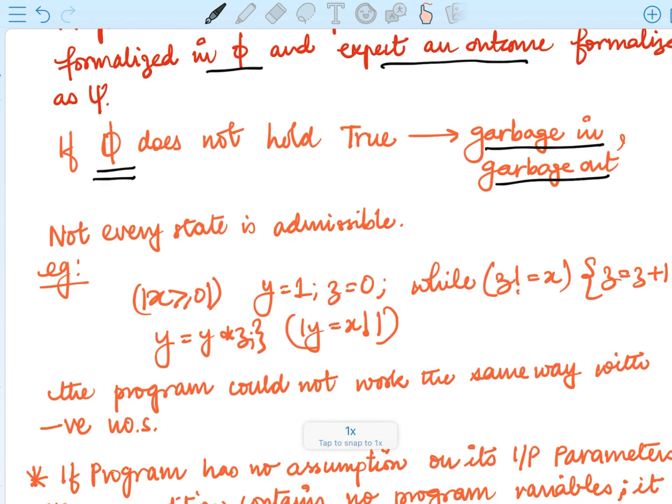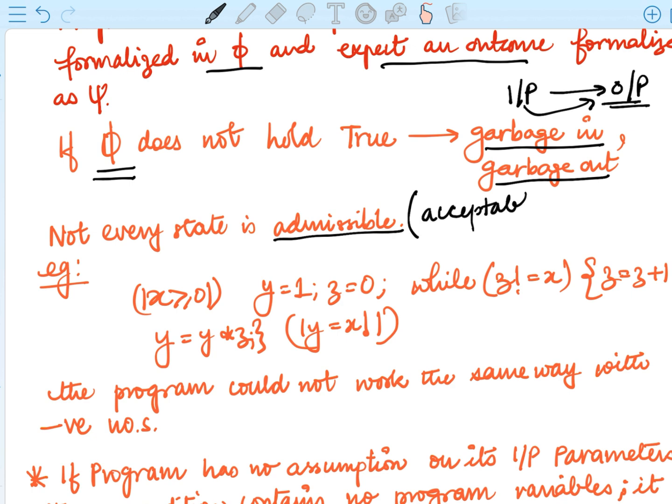Okay. Now we go on to another part where we say garbage in, garbage out. It is very important. If you give an input that does not match the output, you will get output which is not expected. And not every state is admissible, that is, not every state is acceptable. So if you say, I have made a program for positives and negatives, and you're not considering 0 in the program, then 0 is not an acceptable value.